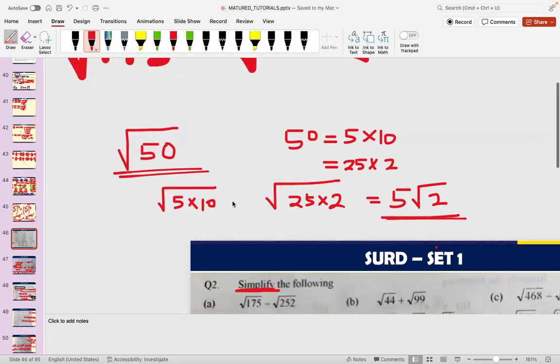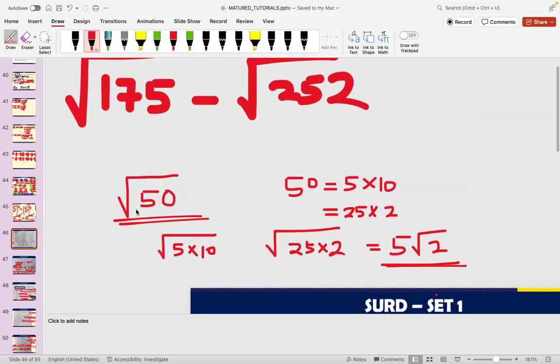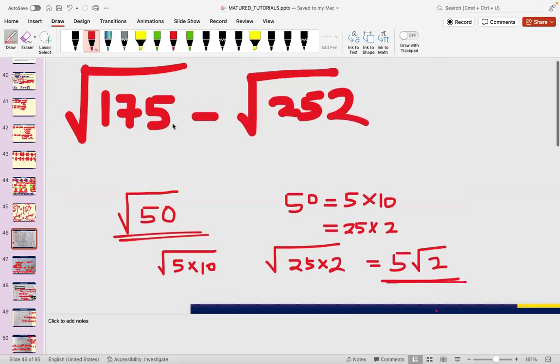If I'm not able to get some numbers out of the square root sign, then I'm not making things simple. If I compare these two examples, I have made things simple here, that square root of 50 can be written as 5 root 2. Why? Because the 25 can come out of the square root sign. And that's exactly the same thing we want to do here. Yes, Jonathan?